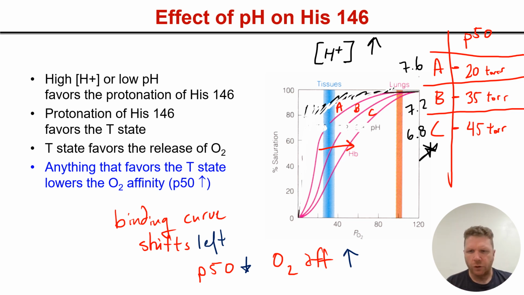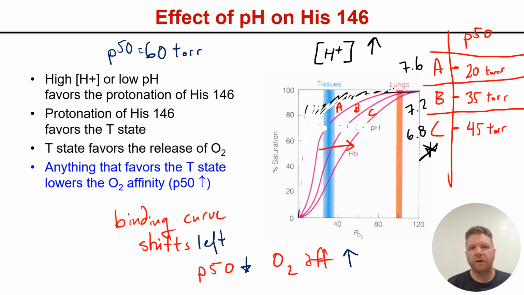One of the ways that I always try to think about this is in terms of a physiological perspective. Let's say that you have a hemoglobin that has a P50 of 60 torr. From that, you know that your hemoglobin protein needs 60 torr to be 50% saturated.